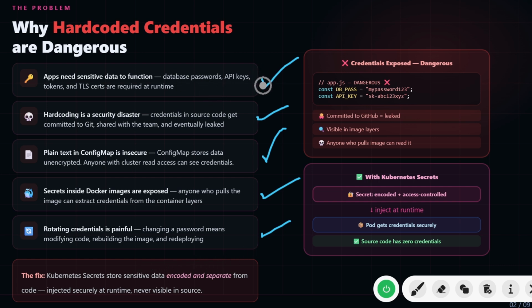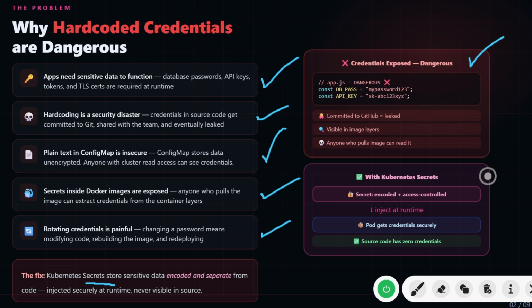To overcome these drawbacks, Kubernetes secrets store the sensitive information, provide the data in an encoded form, keep it separate from the actual code, and inject it into the runtime application securely. This is how hard coded credentials look at the source code level: they are leaked and visible to everyone.